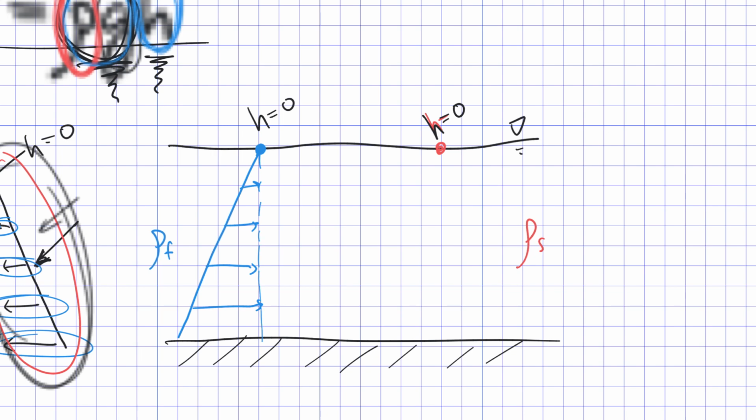Now over here, however, the density is greater than the density over here. So because the density is greater, the line is going to be steeper. Now I'm going to try to exaggerate this just for demonstration purposes. Let me put rho s over here. Okay, so we're going to exaggerate this.